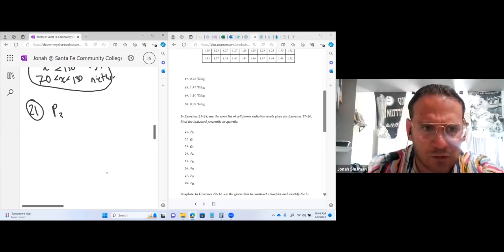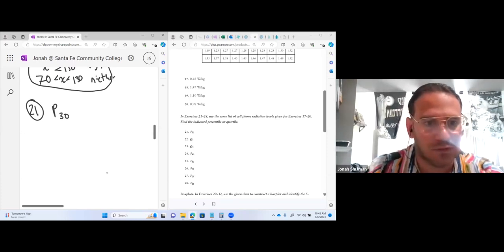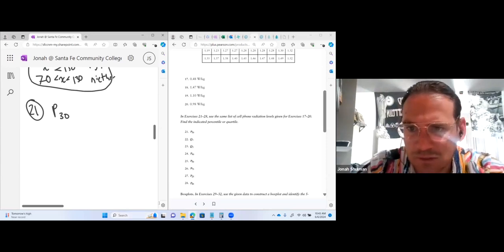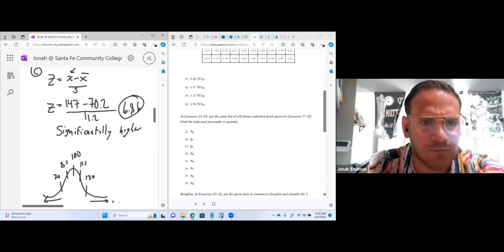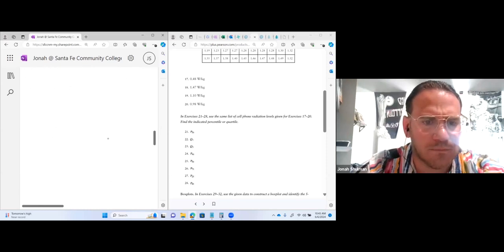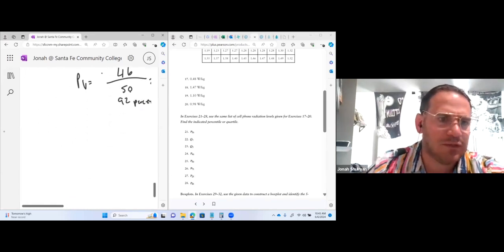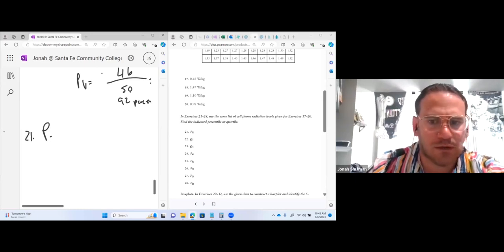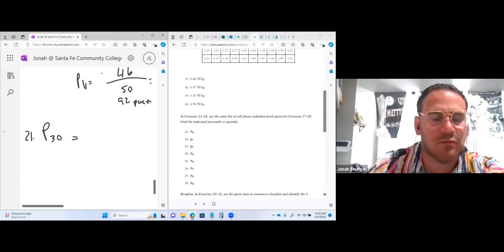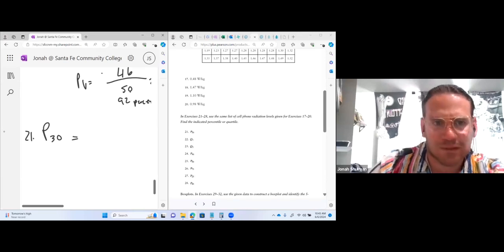So percentile of 30, right? We're going to do exactly this. We want to find the value. I want it in the right spot so it's not all over the place. So here's 21. We want percentile of 30. Just remember, what do we have to do to get this?